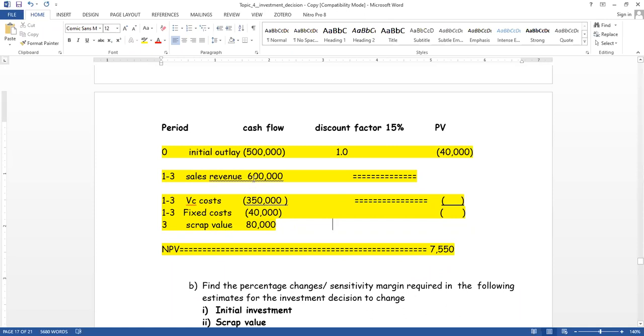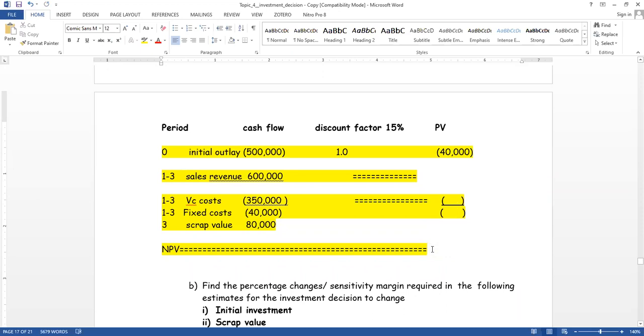You only use annuity for sales revenue, for fixed variable costs, and then fixed costs. Then multiply your discount factors with the cash flows and get the PVs for each of the cash flows given. And once you've gotten your PVs, sum up your PVs and get your NPV.